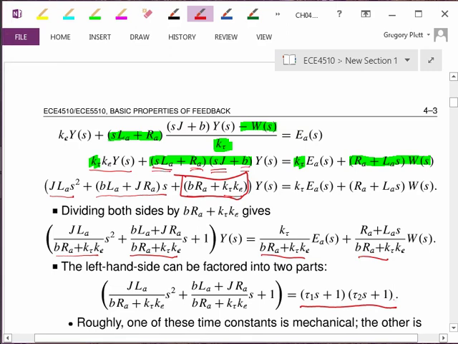I don't know exactly what that tau 1 and tau 2 are, and that doesn't actually matter too much for this example, but roughly it turns out that one of these time constants is dominated by the mechanical response of the system, and one of them is dominated by the electrical response. Generally, the electrical response is very fast, mechanical is very slow, so we can imagine that this is probably going to be one pole close to the origin, that's the slow one, and one pole farther away, that's the faster electrical one.